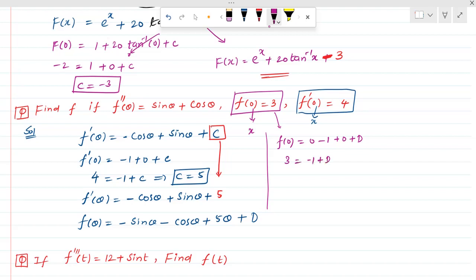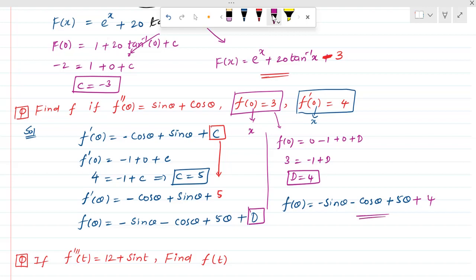So move the minus 1 here, so d equals 4. And replace d here as 4. So the final answer is f of theta is minus sine theta minus cosine theta plus 5 theta, and the last part is plus 4.